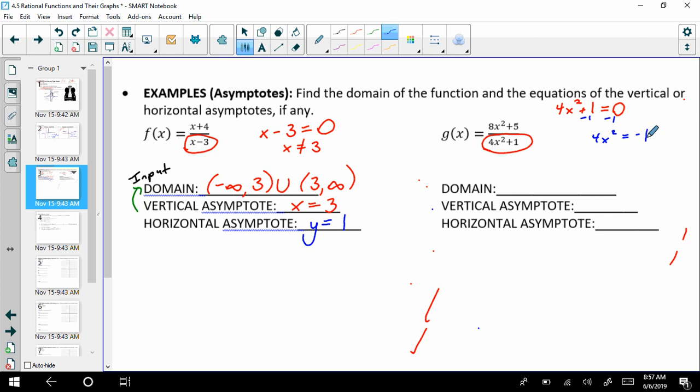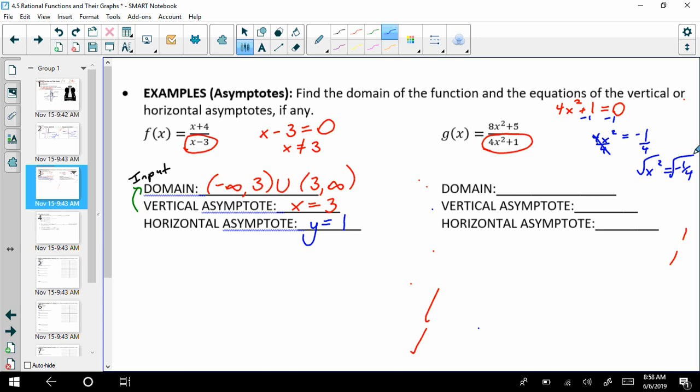And now I want to divide by 4 to cancel out the multiplying. And what would be the last step to get x alone? Well, to get rid of the square, we would have to square root. Now I'm actually going to stop the train right there because I have a negative under a square root, which we know is an imaginary number.